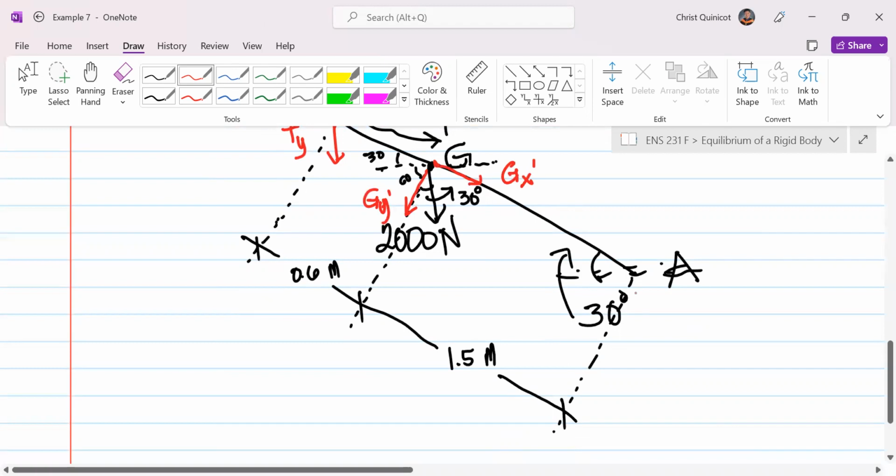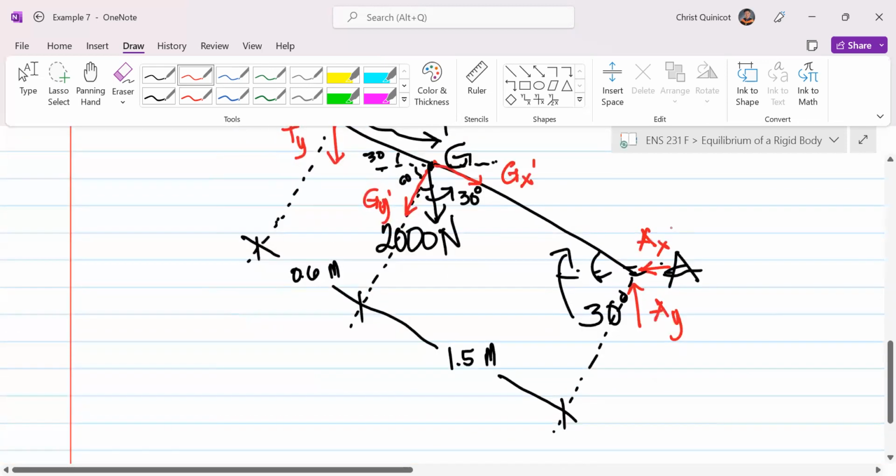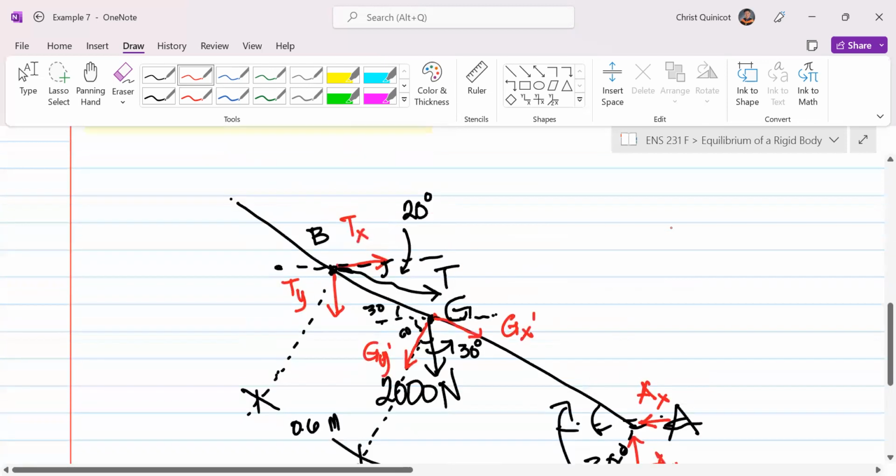And then we have going up A sub Y, and going to the right, A sub X. And of course, this is our reaction at A.